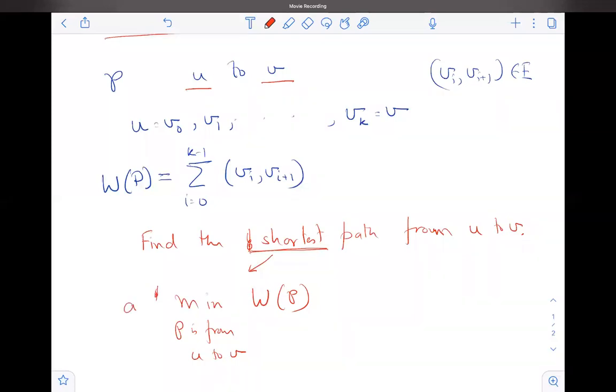In fact, it is called argmin. Argmin will give the path that minimizes it. So among all the paths that connect U to V, the length of which path has the smallest weight? Okay. So how will you go about it?